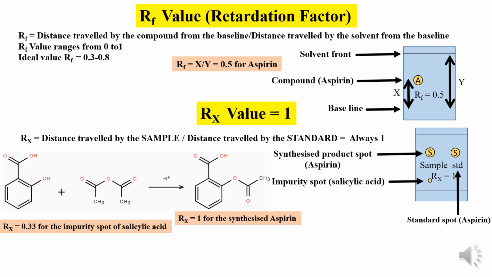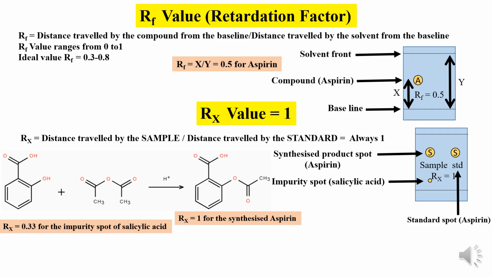So using the Rx value, two things can be done here. One is identification of the synthesized aspirin, and second is identifying the impurities, that is assessing the purity of the compound.